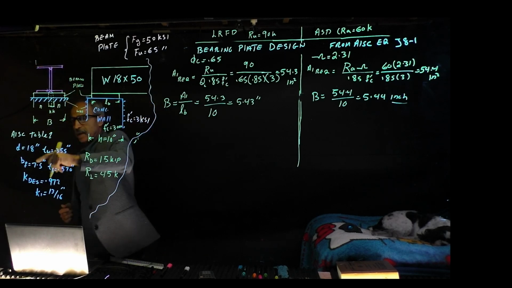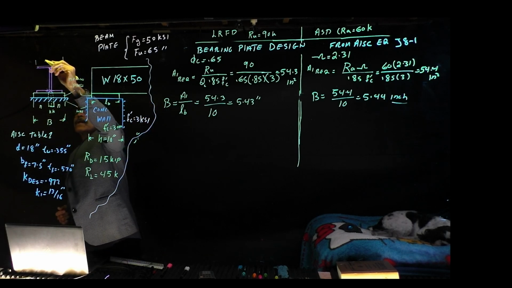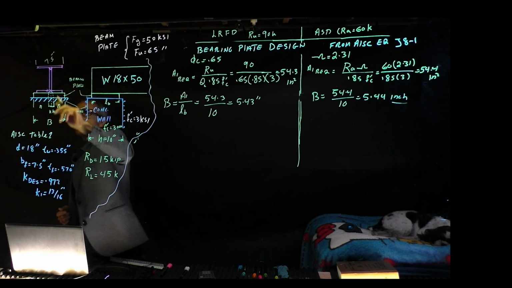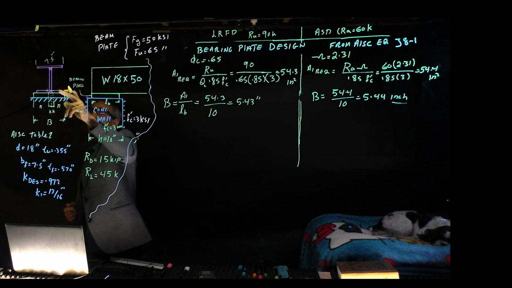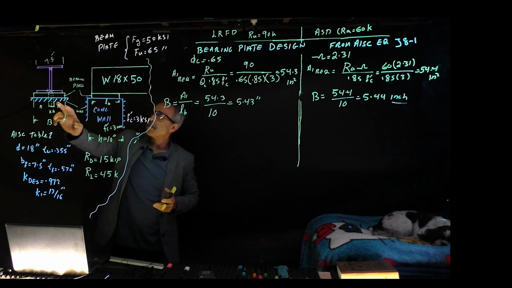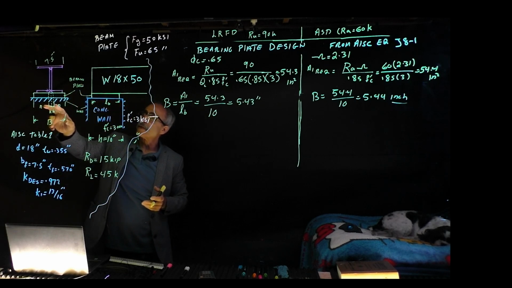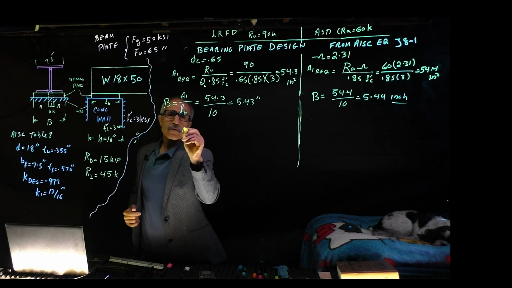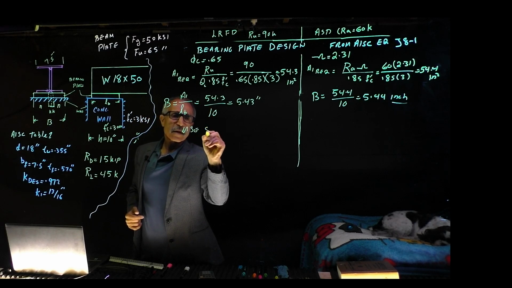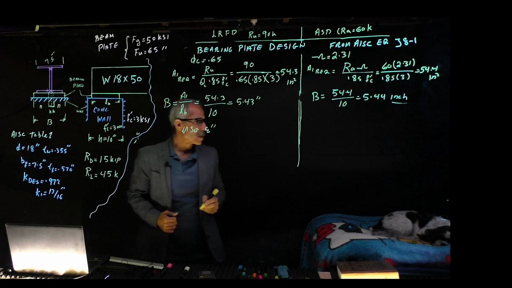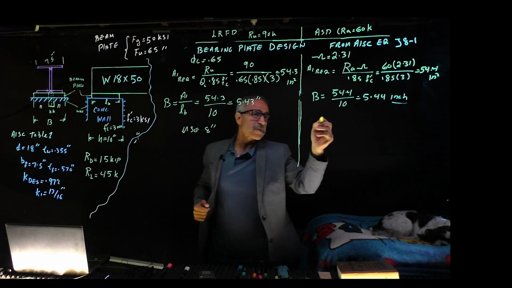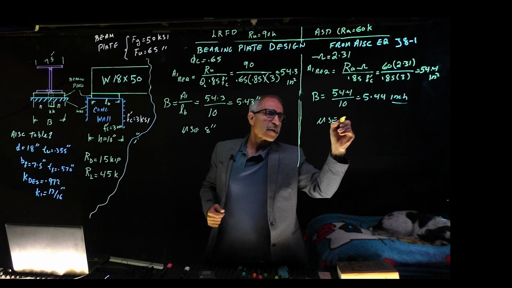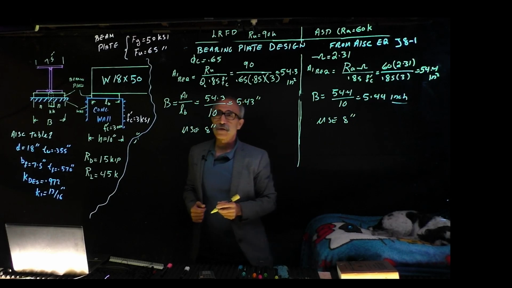Let's put the plate bigger than that. I go 8 to 10 inches. I go full burn if you want. You can go 9 inch, you can go 10 inch. But let's say use 8 inches for both designs.